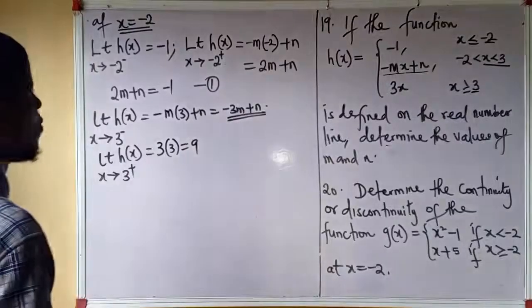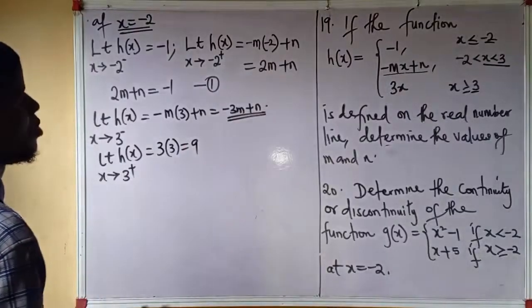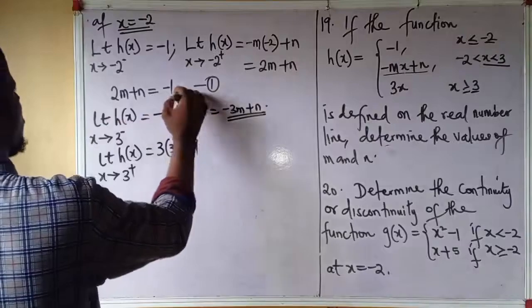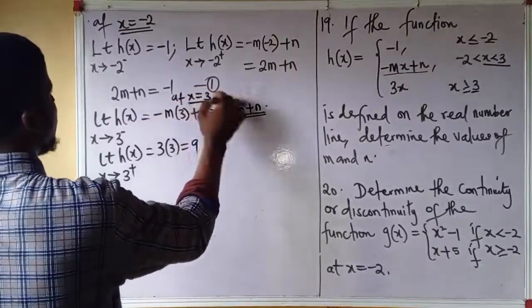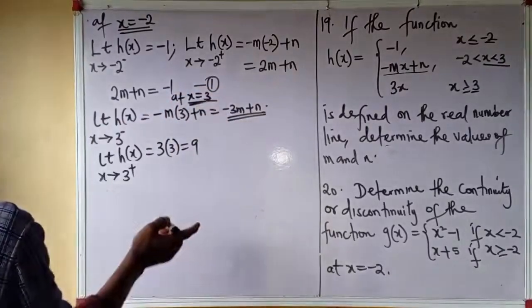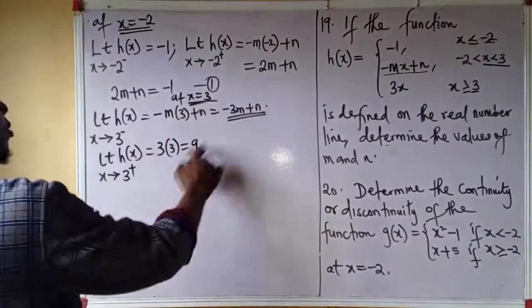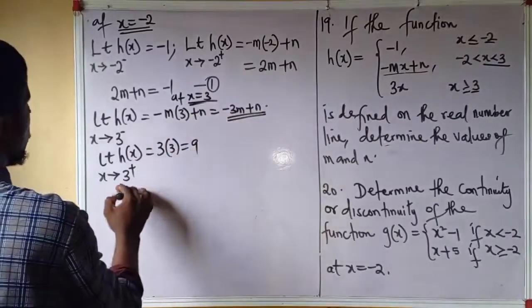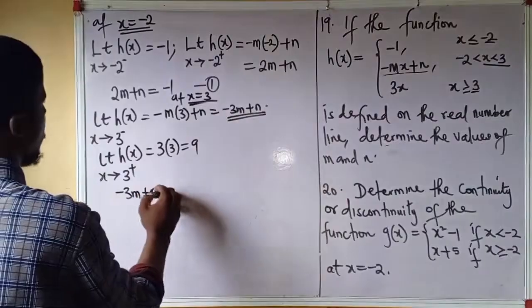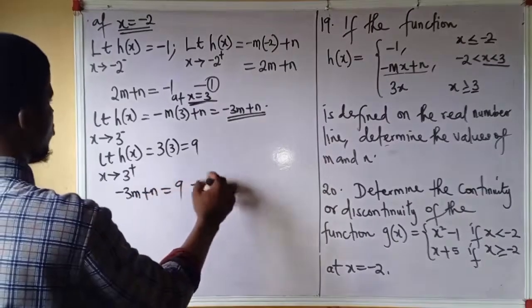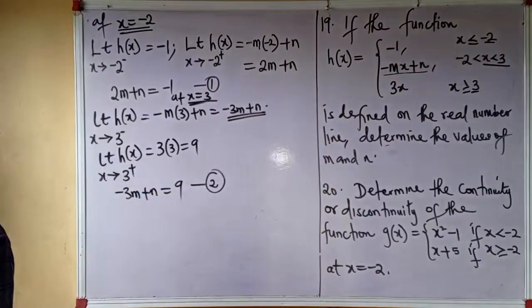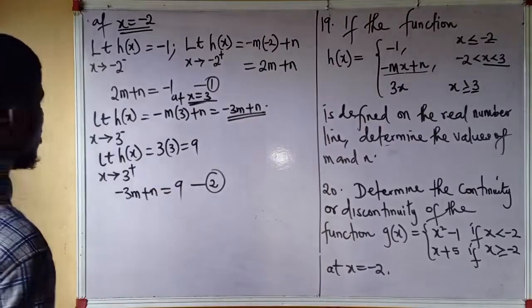So for continuity of the function at x equal to 3, for continuity at this point, these two will equate. So minus 3m plus n equal to 9. This is equation 2. We now solve simultaneously. I can easily eliminate n.